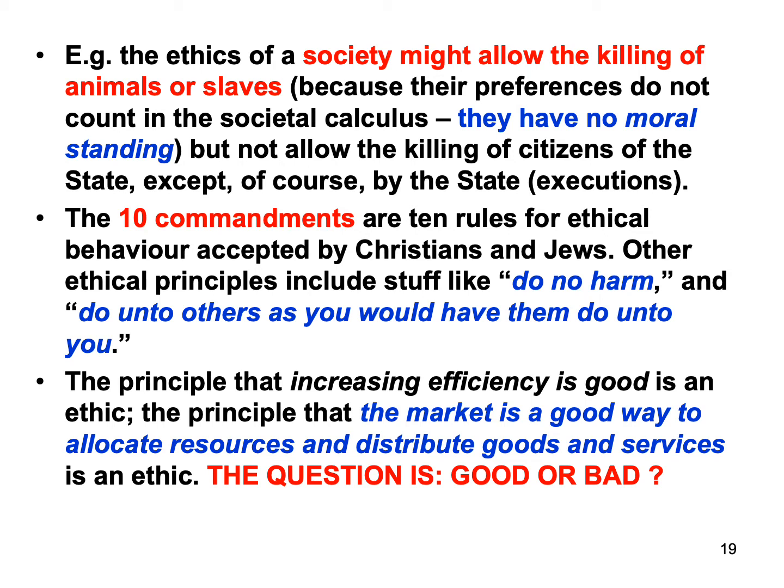For example, the ethics of a society might allow the killing of animals or slaves because their preferences do not count in the societal calculus. They have no moral standing, but it does not allow the killing of citizens of the state, except, of course, by state executions.